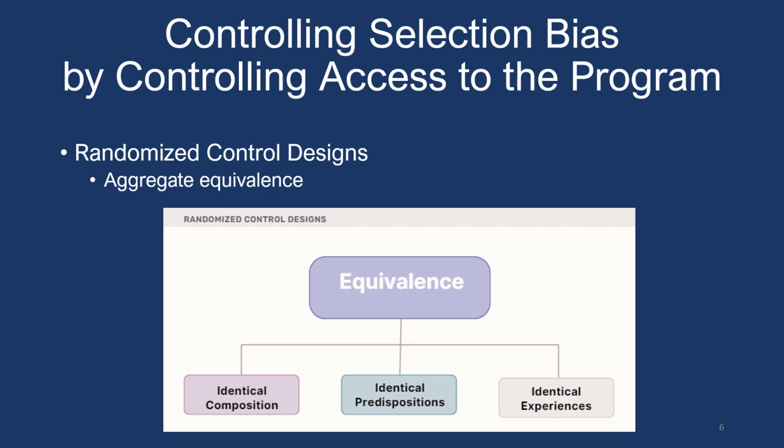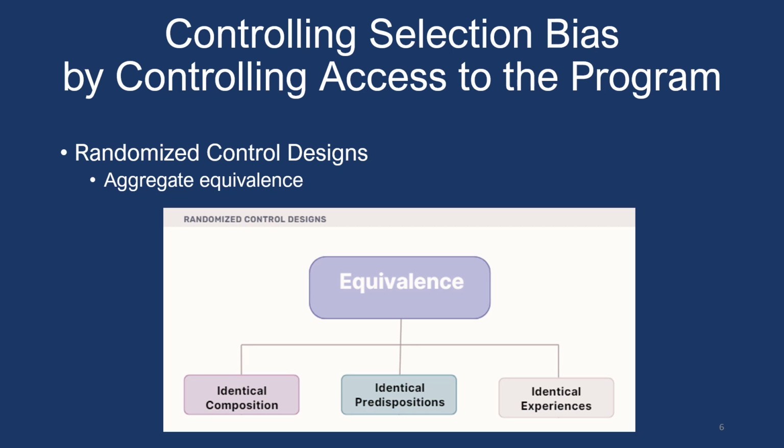So if, for example, hair color has no predicted correlation to the program delivery or the outcomes, then it isn't something that we need to have identical composition reflecting.